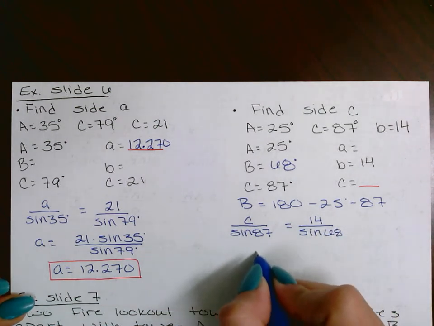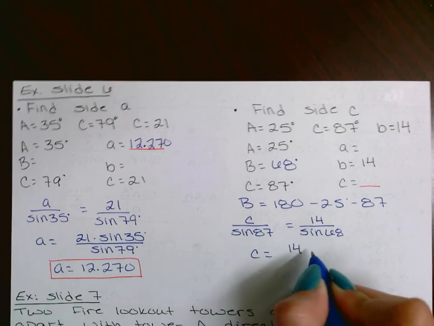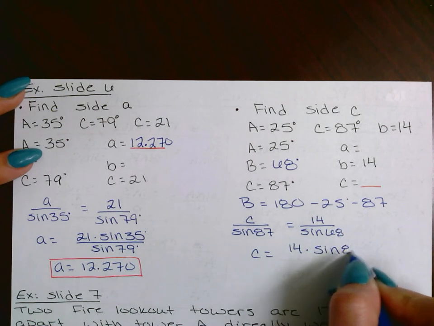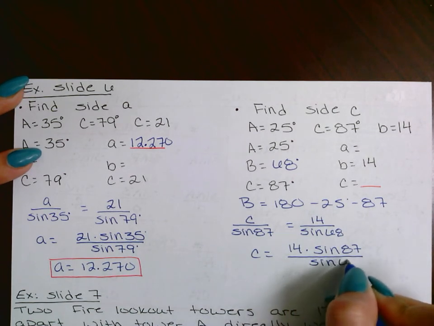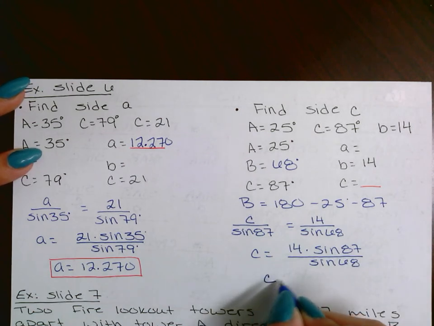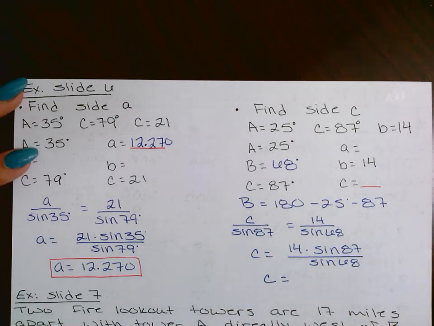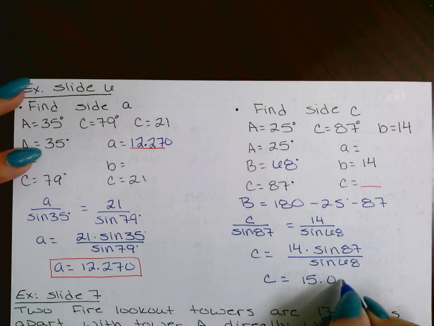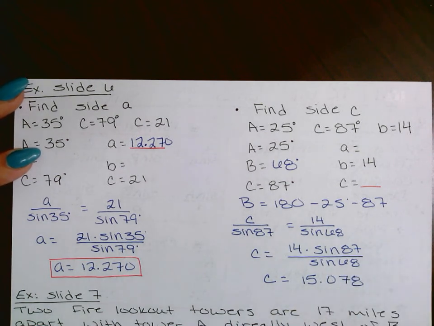Multiply that sine over. And then what did you guys get for little c? 15.078. And again, they were looking for side C, so that is your final answer.